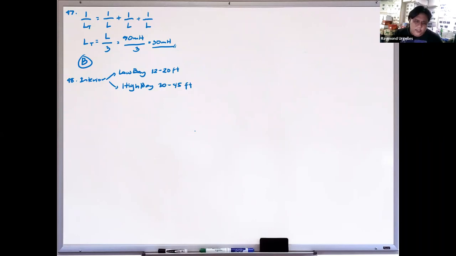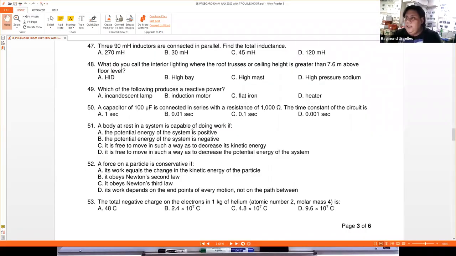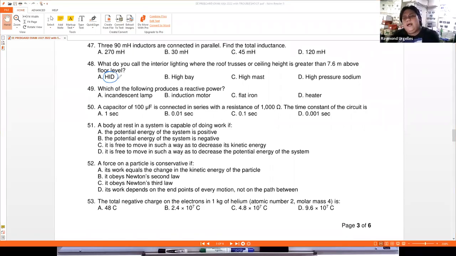Kaya dito sa problem natin sa number 48, sa akin itong HID. This is a high intensity discharge, tapos we have the high pressure sodium. So these are types of lamps. Ang pagkakaiba ng dalawang to is yung sa paraan nila ng pag-produce ng light.